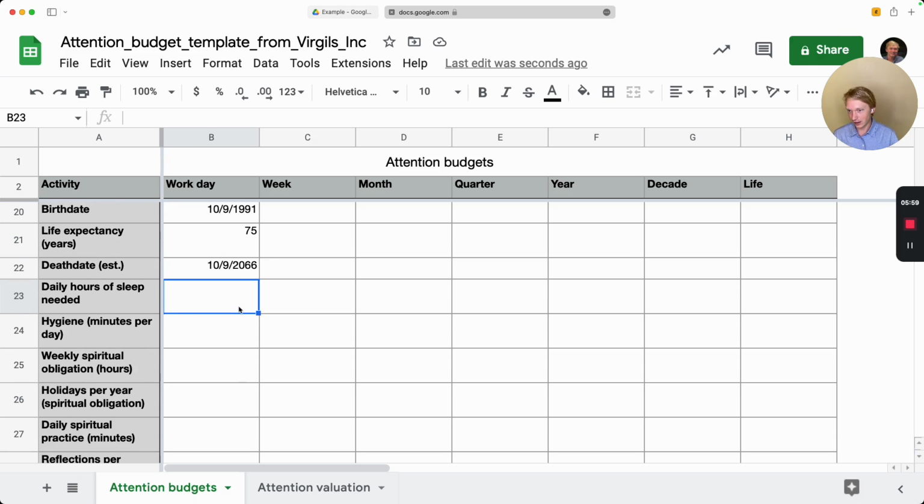All right, the next thing to fill out is the number of hours of sleep I need per night. I've tried just slogging through tough times on 4 hours, 6 hours, very little sleep. Tried taking naps. Although yes, everybody is different.